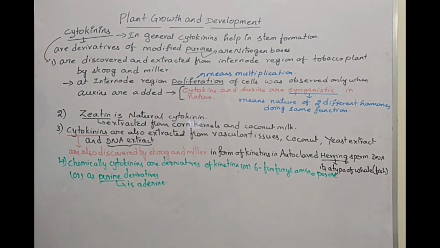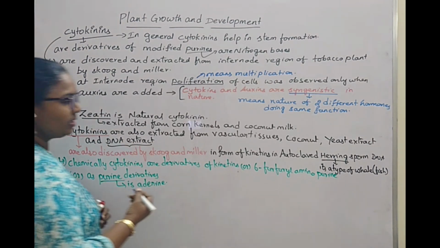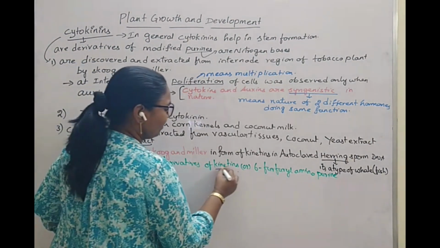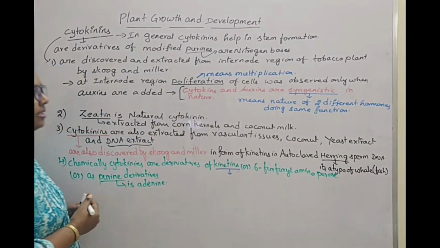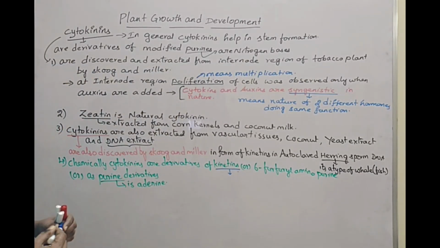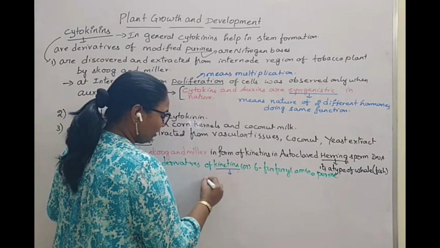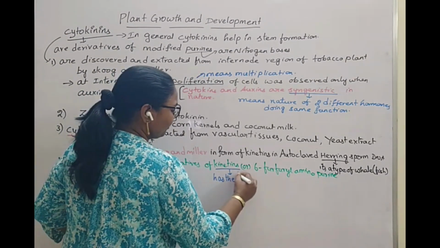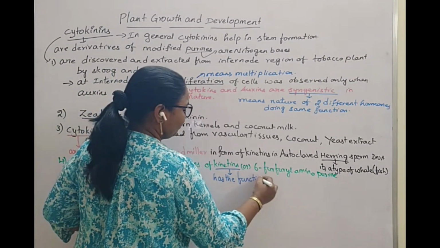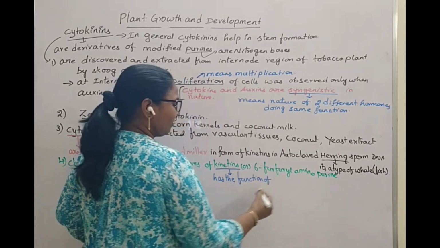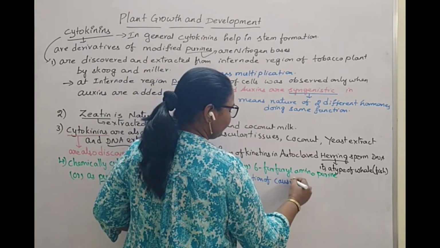Next, cytokinins always function along with auxins only. Now, kinetins in general have the function of causing cell division.